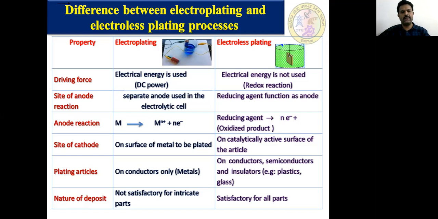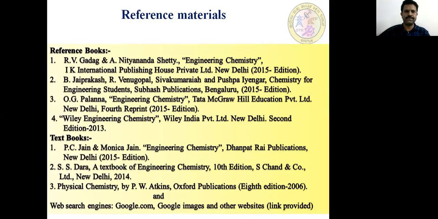This method is not satisfactory, but electroless plating gives satisfactory results both for regular shaped articles as well as some irregular shaped articles. So these are some of the differences between electroplating and electroless plating.